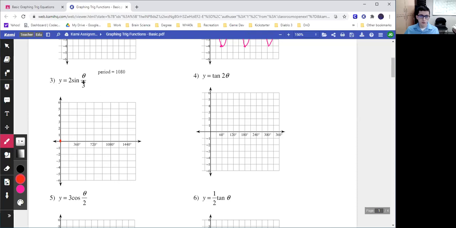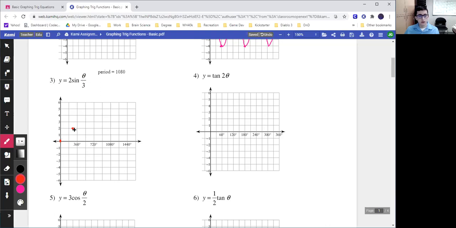And sine of 90 is 1, and then 1 times 2 is 2. So at 270, we get this point here. At 270, this turns into sine of 90 degrees, which is 1 times 2, which is 2.